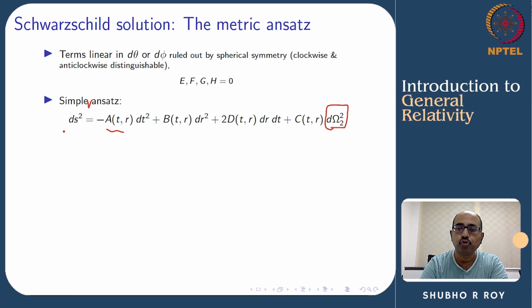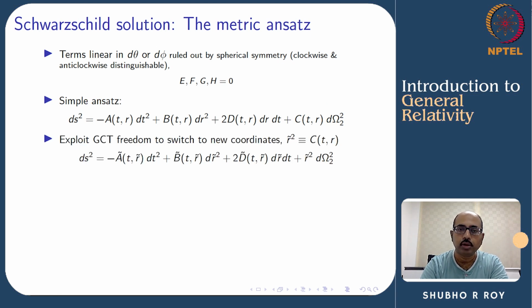I'm free to choose whichever coordinate system I want to work in. So we will exploit this freedom of performing general coordinate transformations to switch to new coordinates by defining that the coefficient of the sphere part be given by a new coordinate r tilde squared. So I define r tilde to be equal to this, a function of t and r.